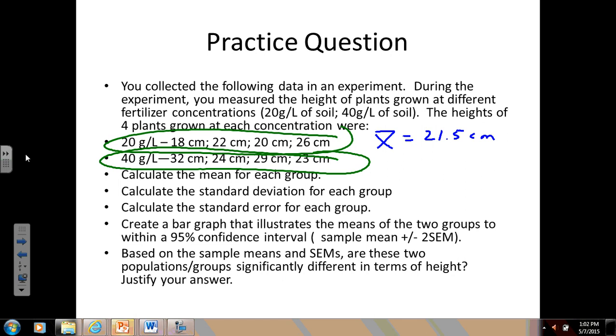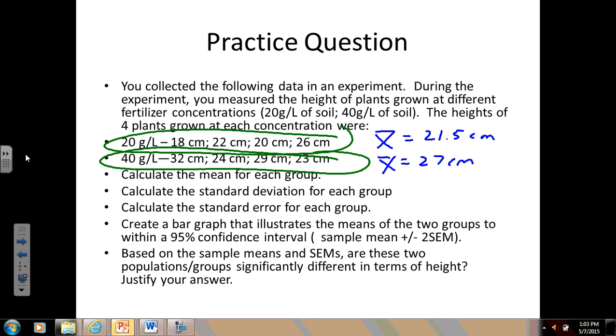All right, for sample 2, we'll do the same thing. 32 plus 24 plus 29 plus 23. Divide by 4. We get 27 for our mean here. And remember, X bar is the symbol for mean.